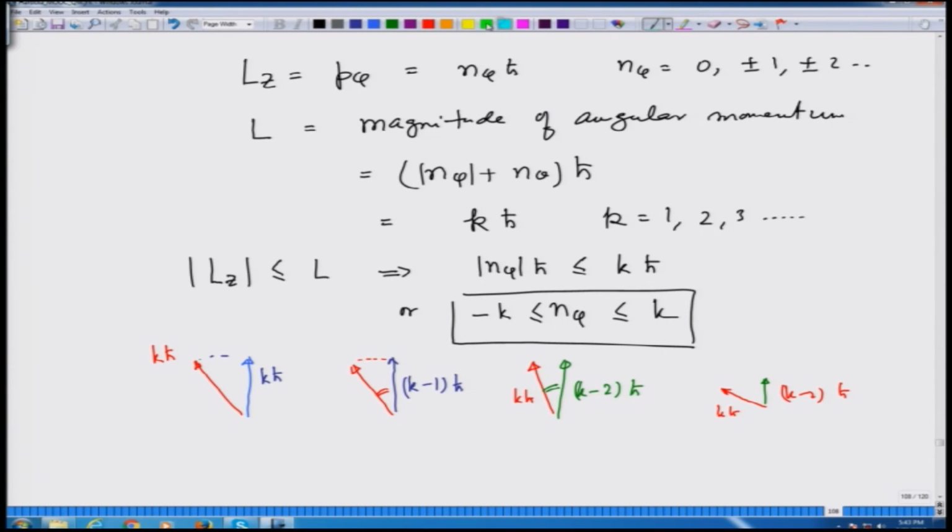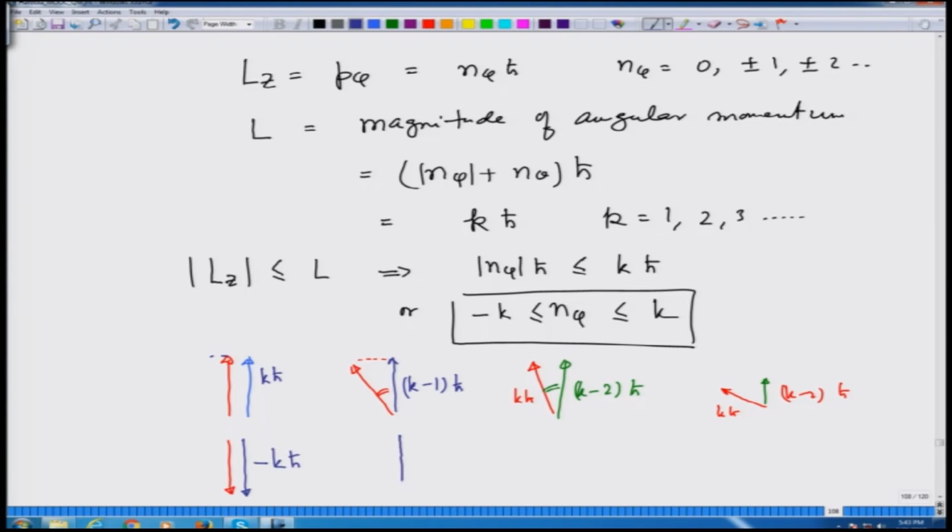Not only that, it could be in the opposite direction. So, if I were to draw to the scale, even the first one would not be like this. Instead, k h cross is right along the z axis. It could also be in the opposite direction. The net angular momentum could be in the other direction, and magnitude remains k h cross, and the z component could be minus k h cross.